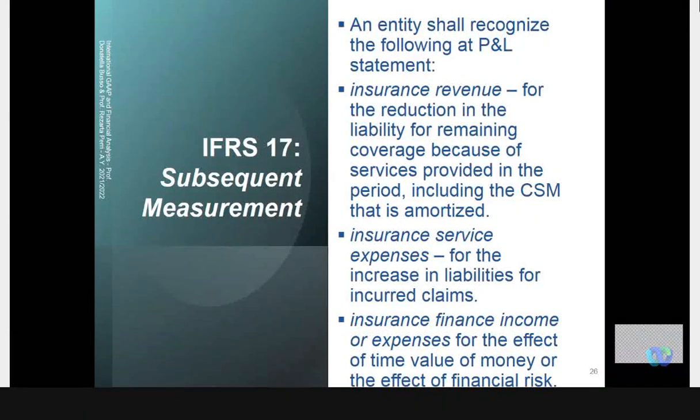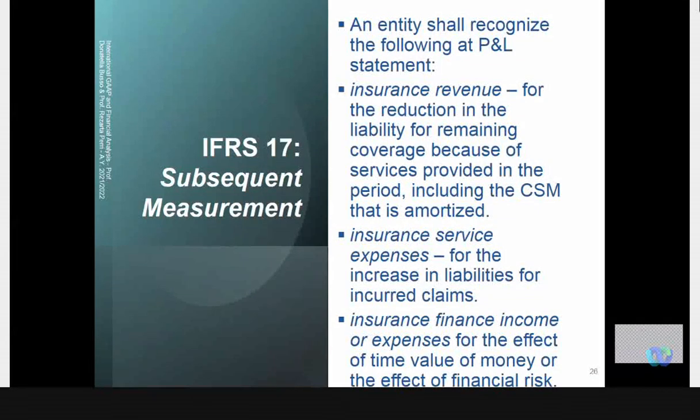On the other hand, we also have finance interest expenses. So again, in the profit and loss statement, there are three items to recognize. Insurance revenue is the decrease in the amount of CSM by amortization. The second item is insurance service expenses related to the current actual claims for the events that have actually been incurred.